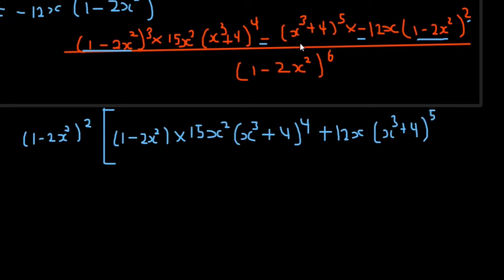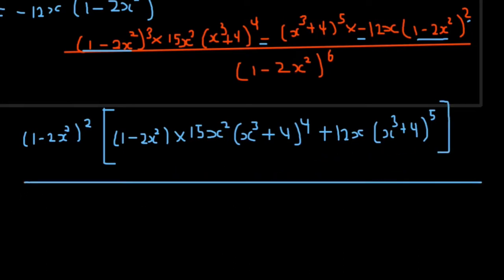So instead of me writing this whole expression, I sent this one out already. So then I have this 2 here. That's what I've simplified to get this. Then I have this all divided by (1 minus 2x squared) to the power of 6.